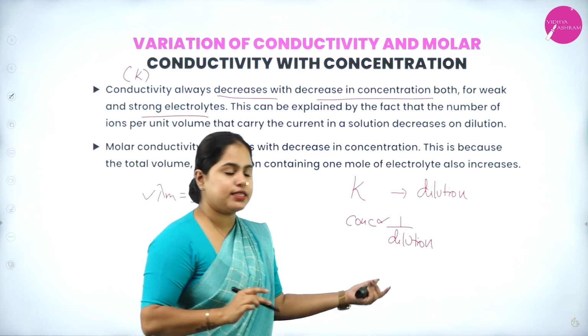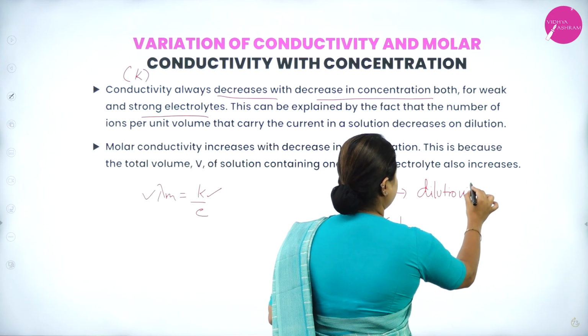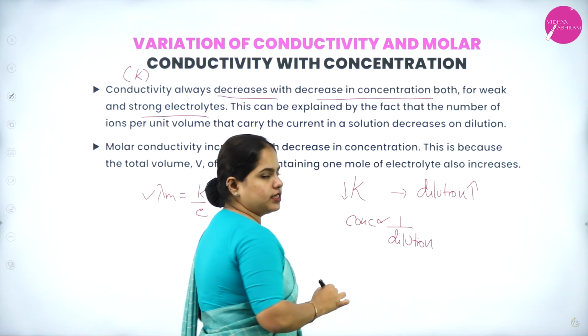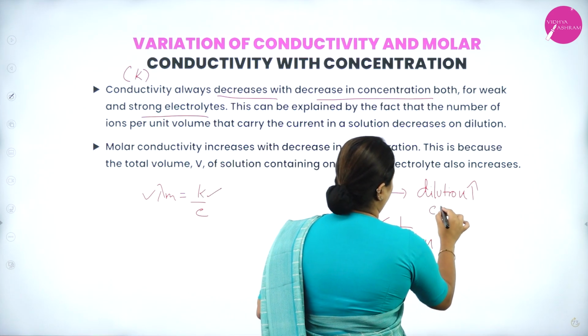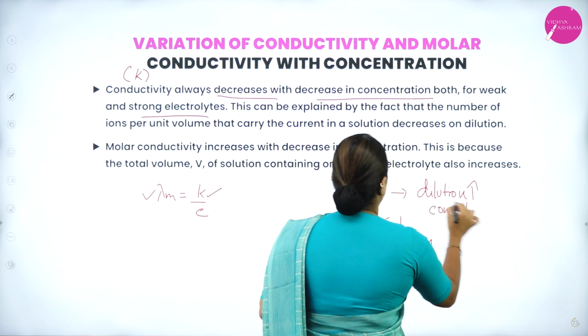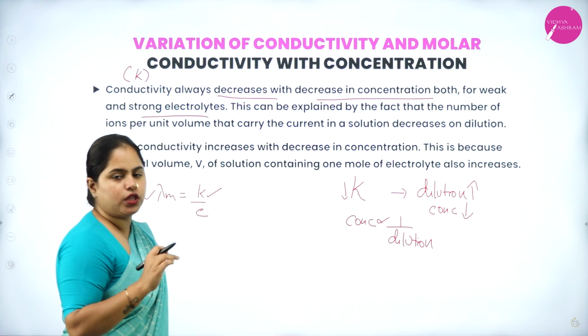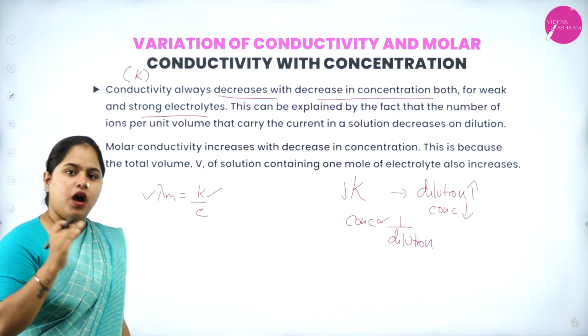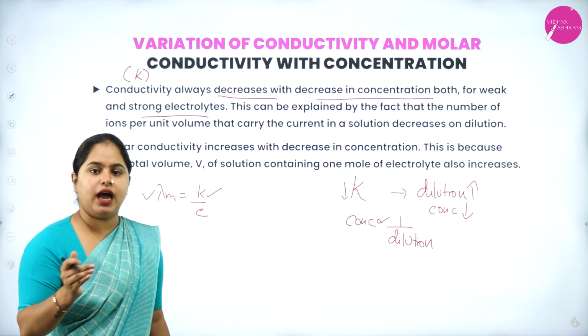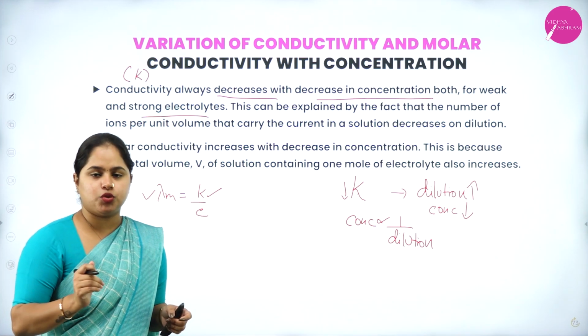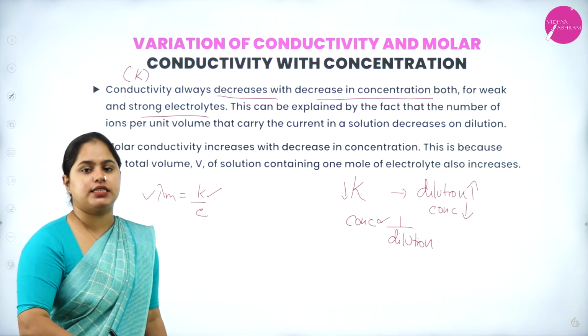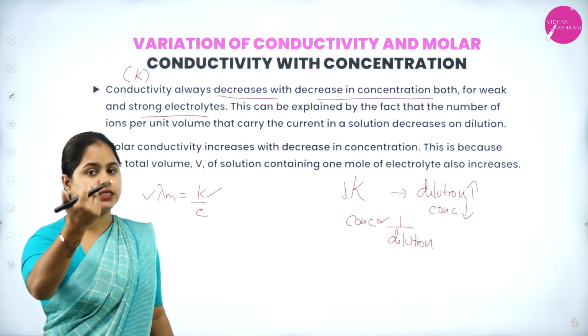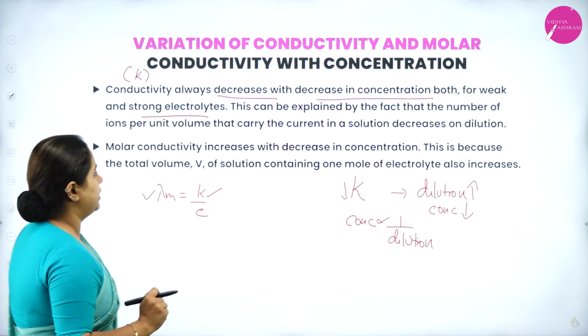So, from this, can I say that when dilution increases, conductivity decreases, as well as when concentration decreases, conductivity decreases. So, this is what you have to remember. How does conductivity and concentration relate to each other? When concentration decreases or else dilution increases, conductivity also decreases, right?